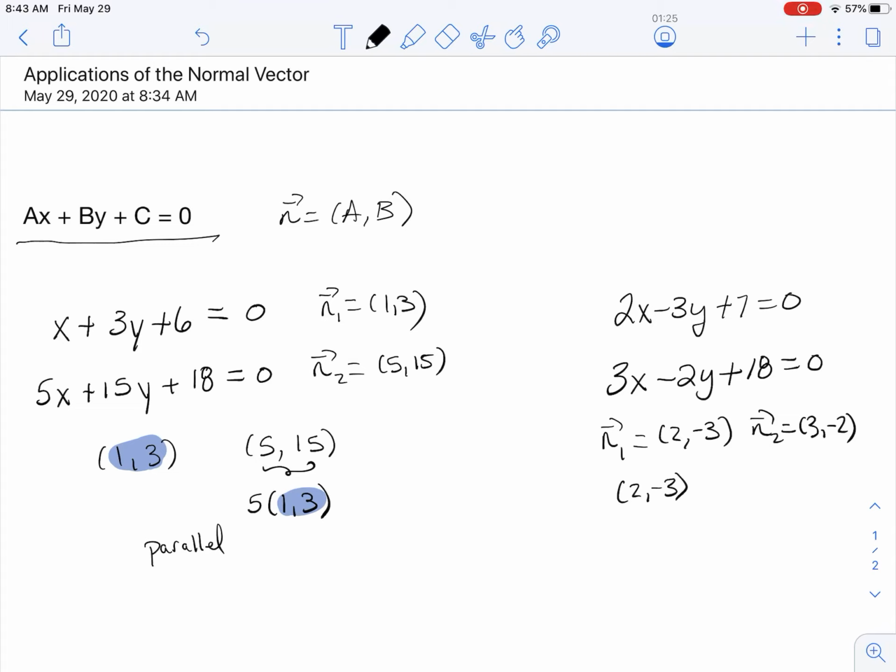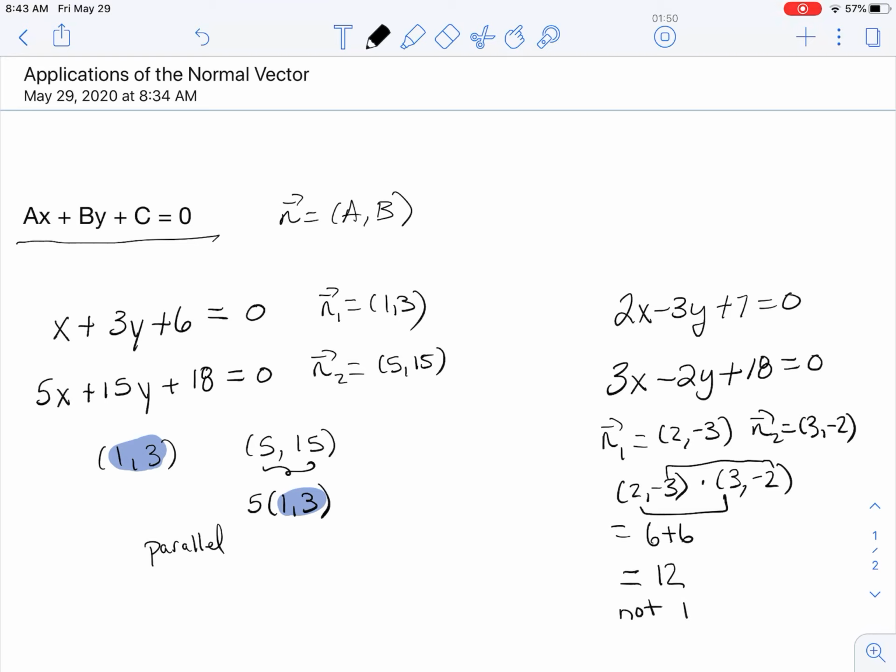Okay, so why don't we test to see if these two lines are perpendicular? We know the dot product between the two vectors comes out to be 0 if so. So 2 times 3 is 6. Negative 3 times negative 2 is positive 6.